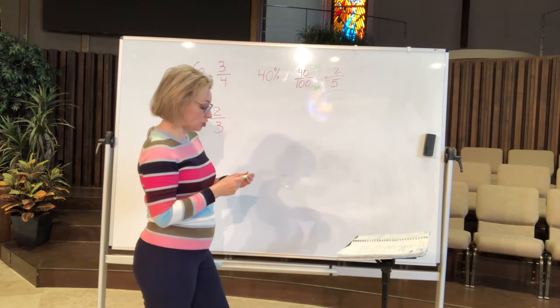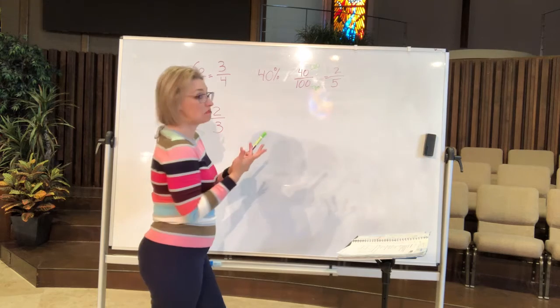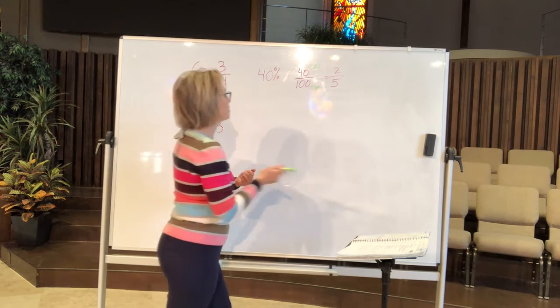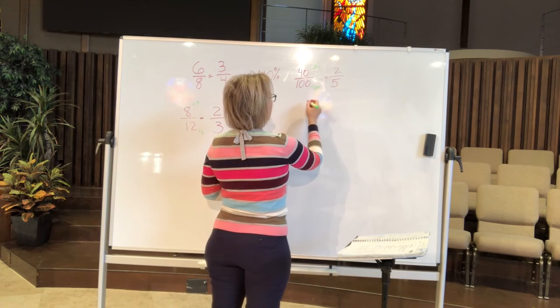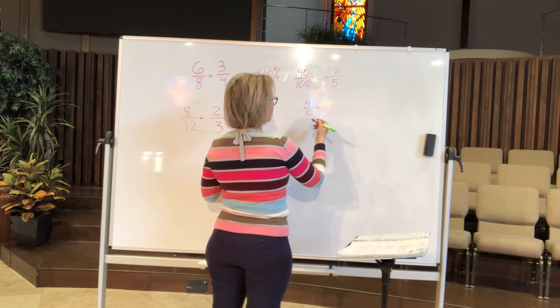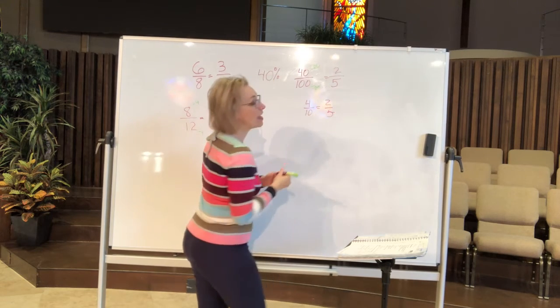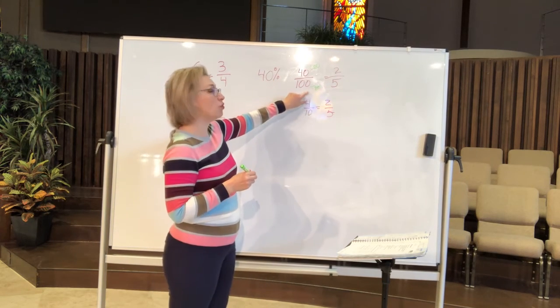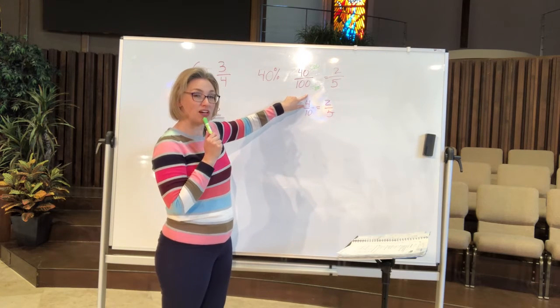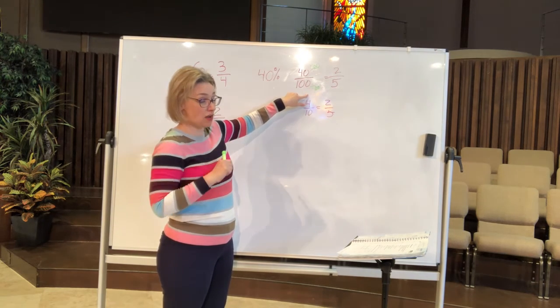Okay, now let me show you what would happen if we'd gone ahead and done it with 10. It's not a problem, we just have to reduce twice. Because if we divided by 10, we would end up with 4/10. But that, when we reduce it dividing by 2, would be 2/5. So you can see we'd end up with the same answer. But if I was dividing by 10, I wouldn't be dividing by the greatest common factor. I'd just be dividing by a factor that I thought of.